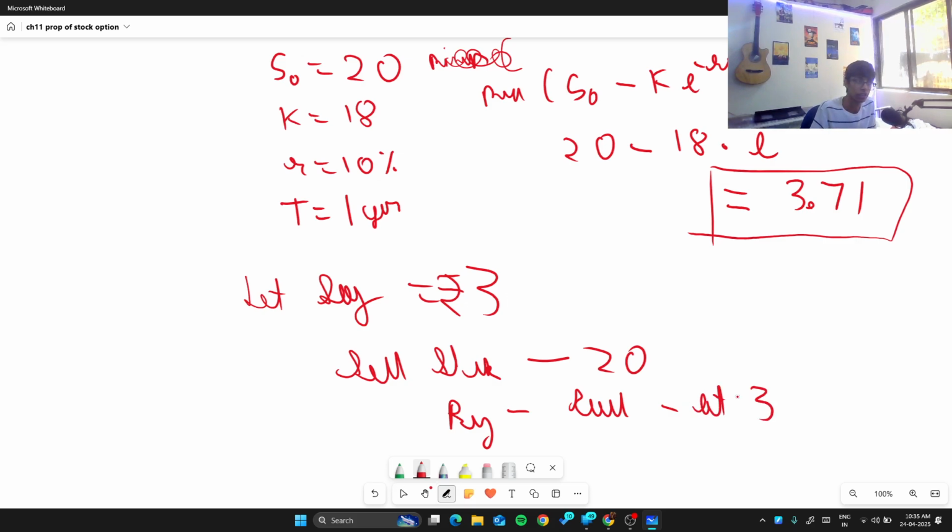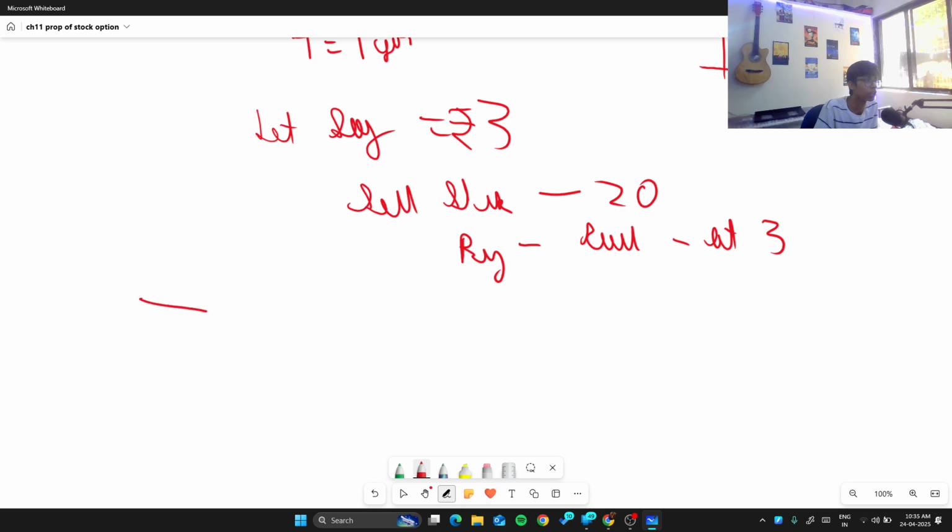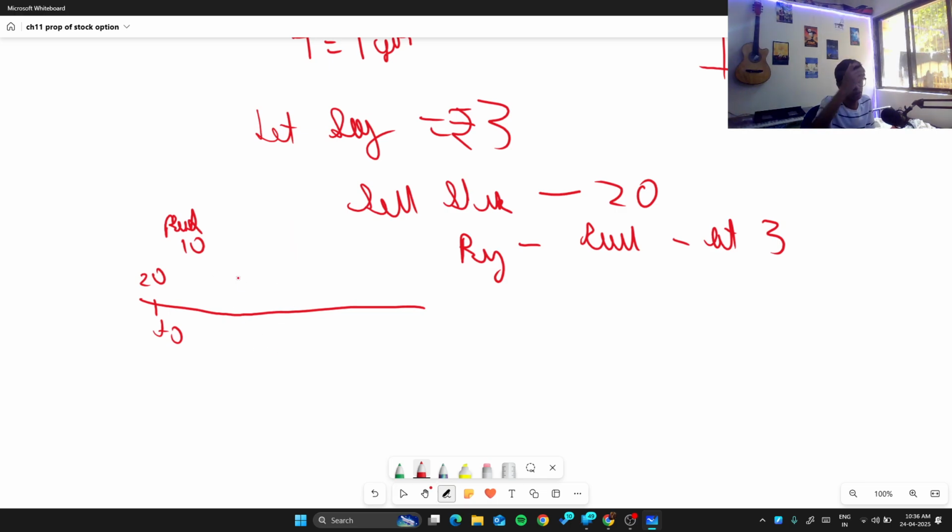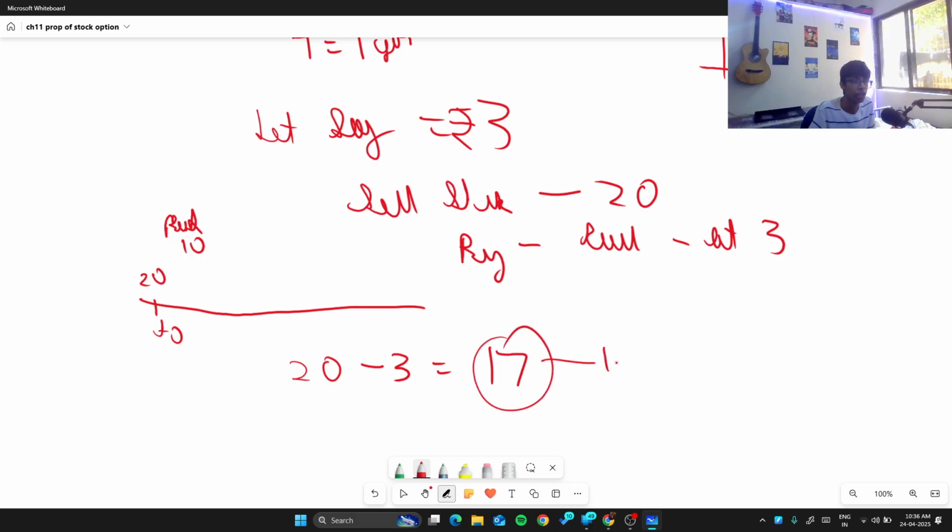He sells now, at T0, and invests in a bank at the risk-free rate of 10%. He paid 3 rupees for the call option, so he has around 17. If he invests 17 at 10% interest for 1 year, his amount after 1 year would be 18.79.